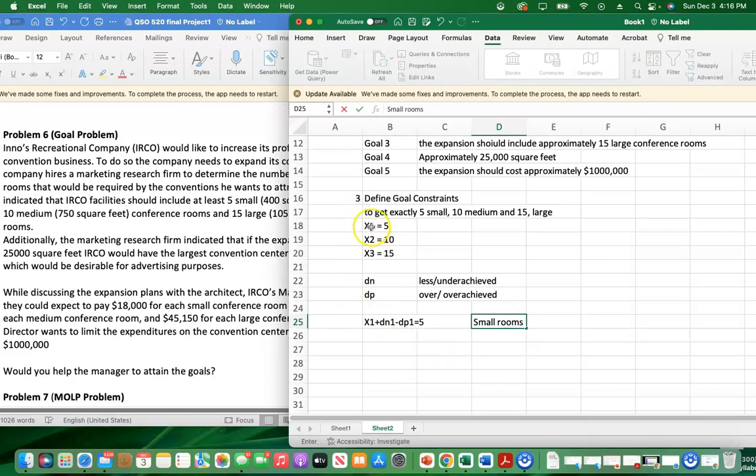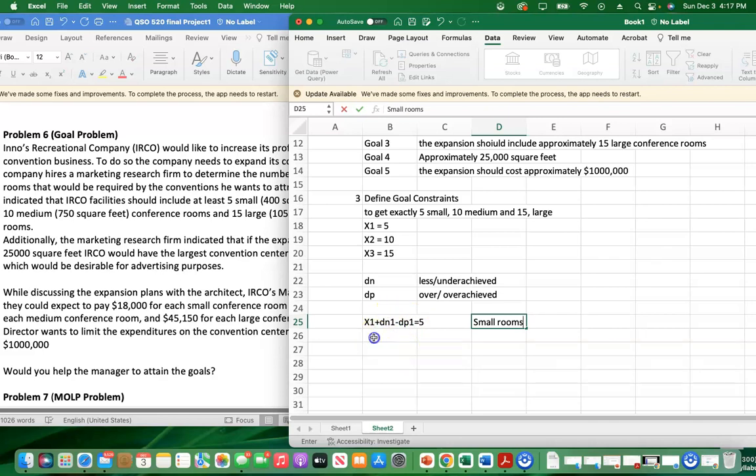So you can see here we have x1 equals 5. That is to get exactly 5 small rooms. But here we are adding the deviations, meaning that we may get 5 small conference rooms, or we can get less than 5, or we can get more than 5. We add the deviation which is less minus the deviation which is more, a little bit more.